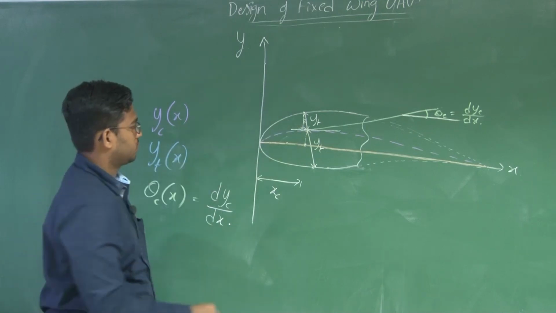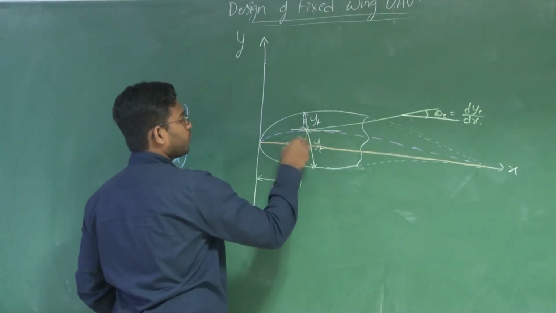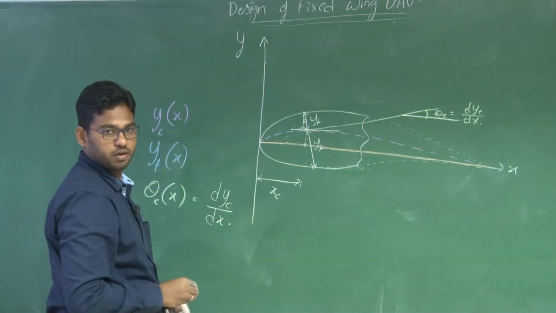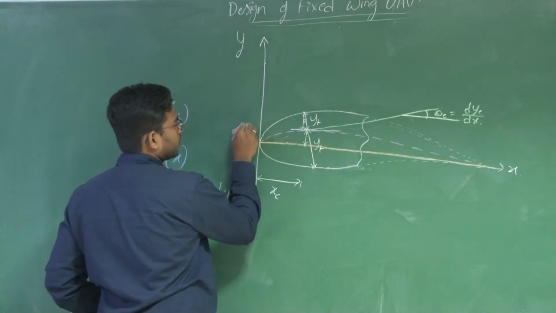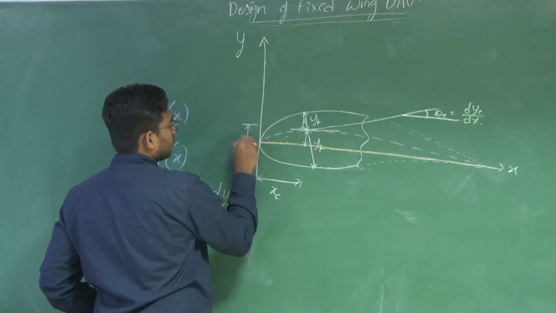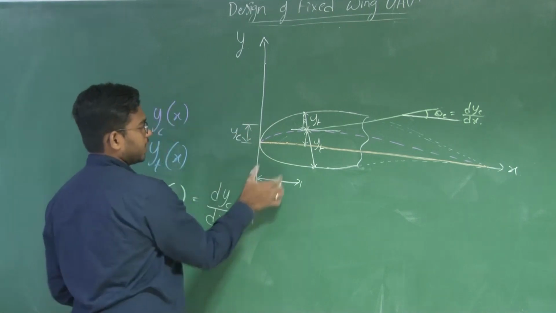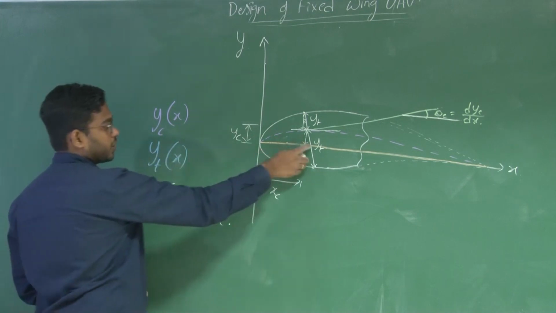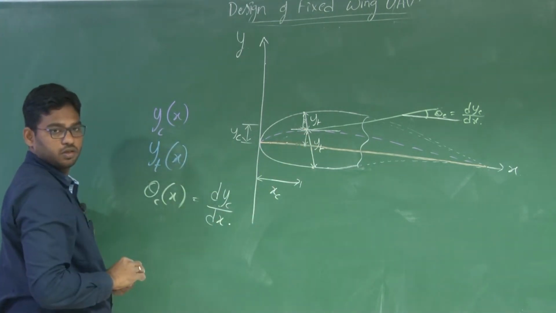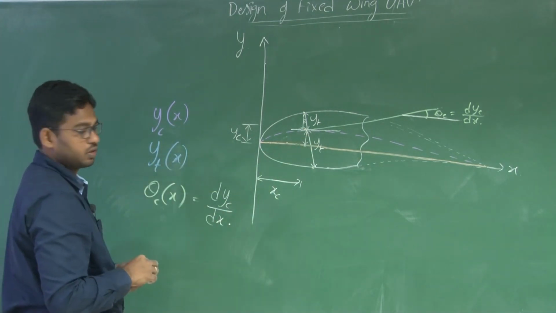Let us say this point is y of c comma x of c. This particular height I have here is y of c, this is x of c. So I get this y of c from here. For a particular x, I know what is my y of the mean camber line.